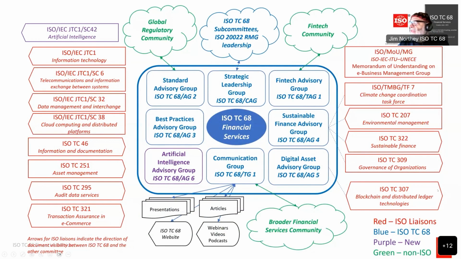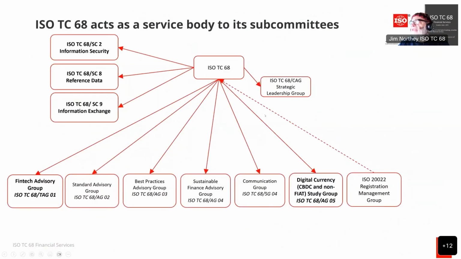Also, given the evolution of finance, we need to work with TC307, TC309, TC322, and we recently added a liaison out to SC42, which is for artificial intelligence. I hope I'll make sure to properly budget my time, because I really want to follow up on something that Steve Capel said earlier, which I think is vital.